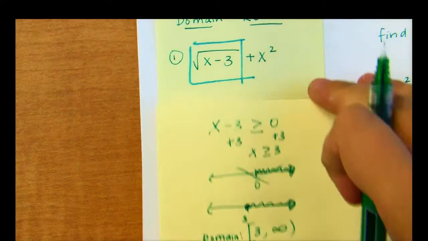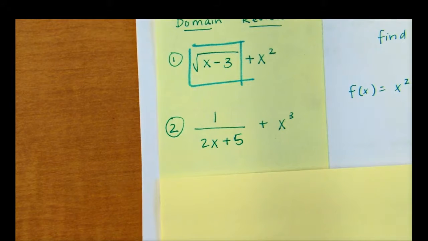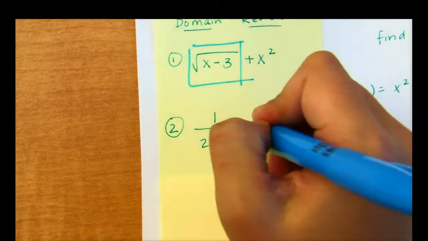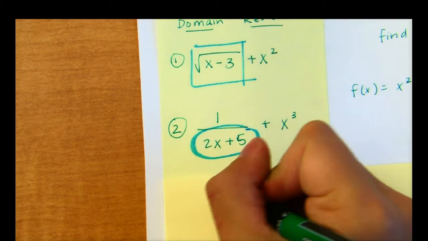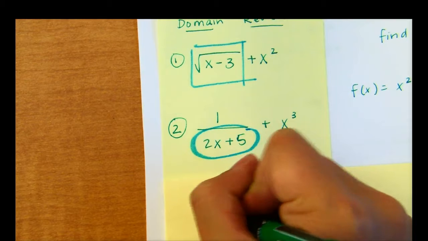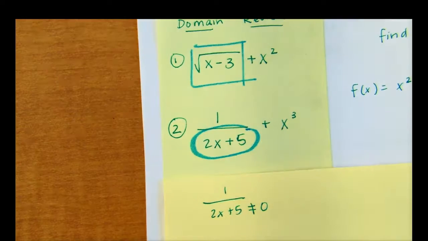Okay, let's take a look at this next one. 1 over 2x plus 5 plus x cubed. Where is my restriction in this function? Great, this 2x plus 5, I can never have a 0 in my denominator. So 1 over 2x plus 5, this cannot equal 0.